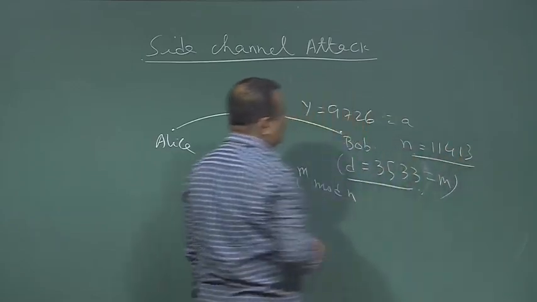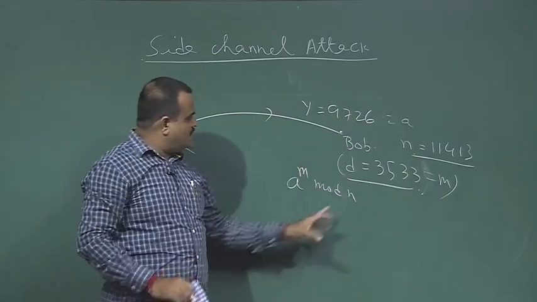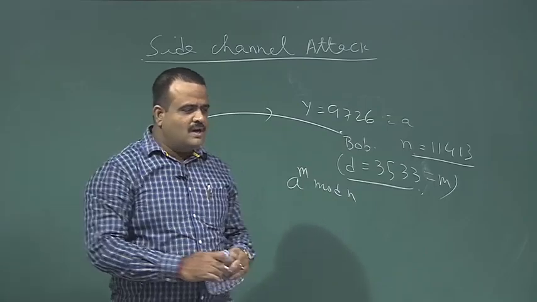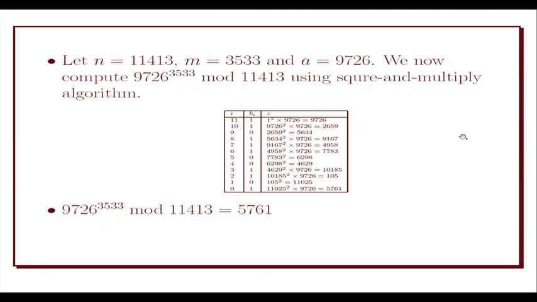Suppose in Bob's machine, Bob is calculating this using the square and multiply method we just described. Bob has this secret key and receives this ciphertext. Now, Bob needs to calculate this in order to get the message back. So, this is the plain text.